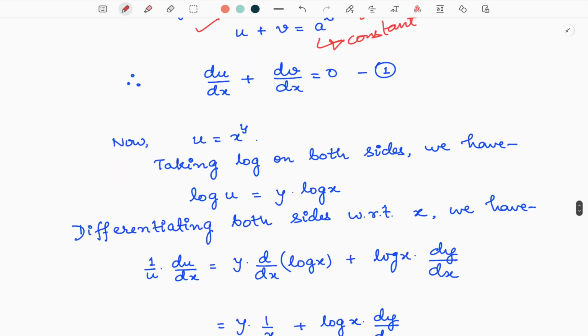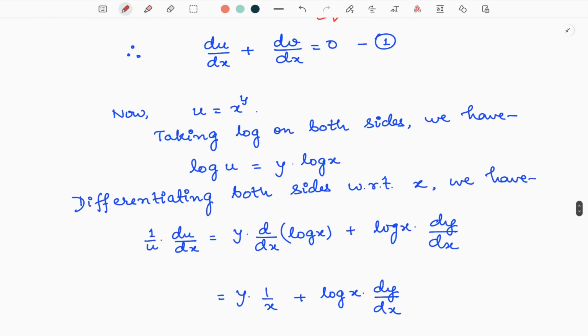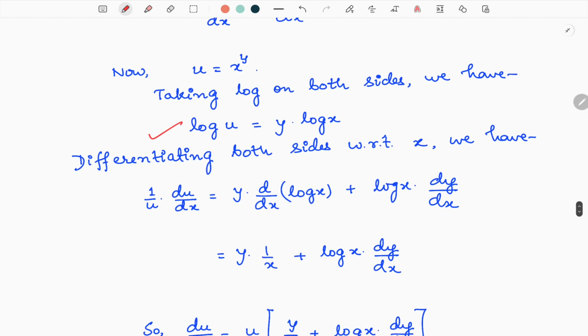Now it is given that u is equal to x to the power y. You have to take log on both sides, then it will become log u is equal to y log x. Now after taking log, we can start differentiating.